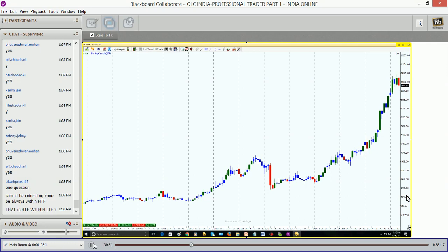Should the coinciding zone be with the higher time frame? Absolutely. Lower time frame inside higher time frame, Bikash, not vice versa.